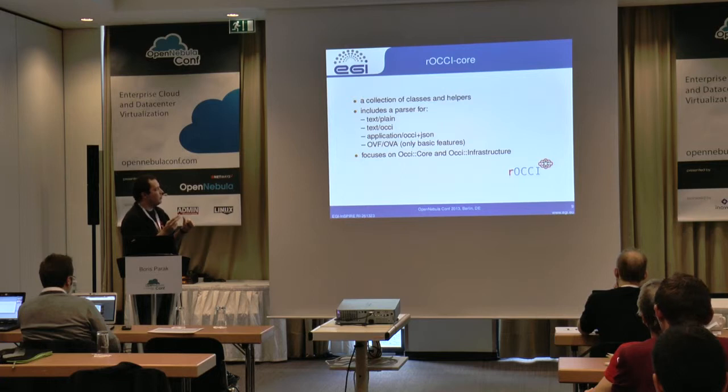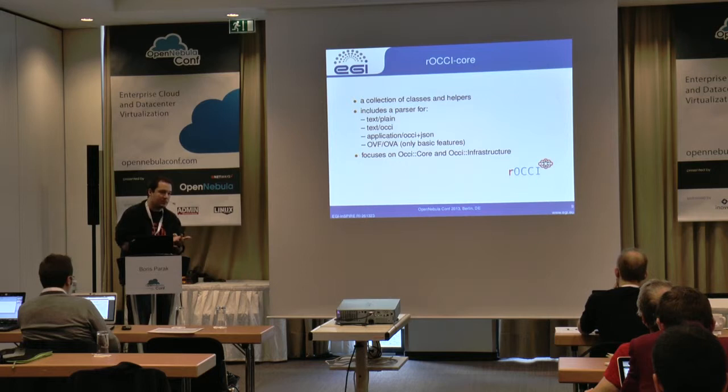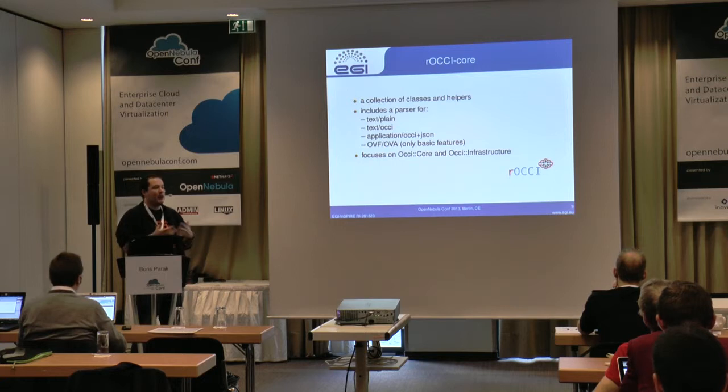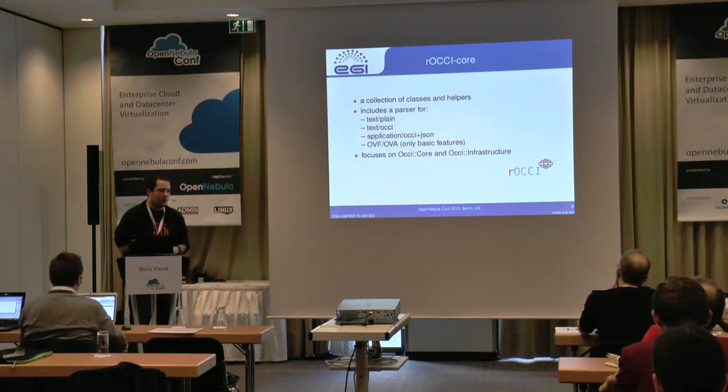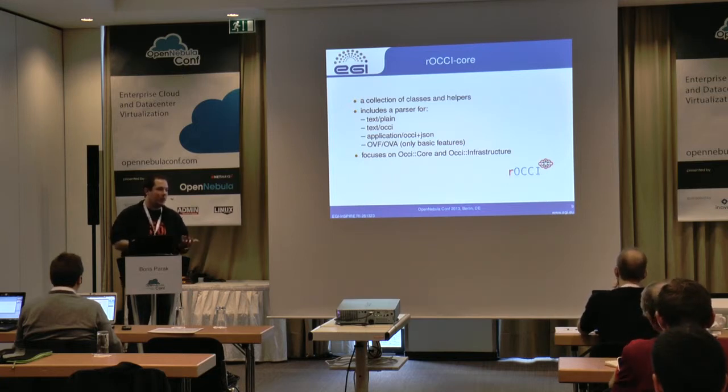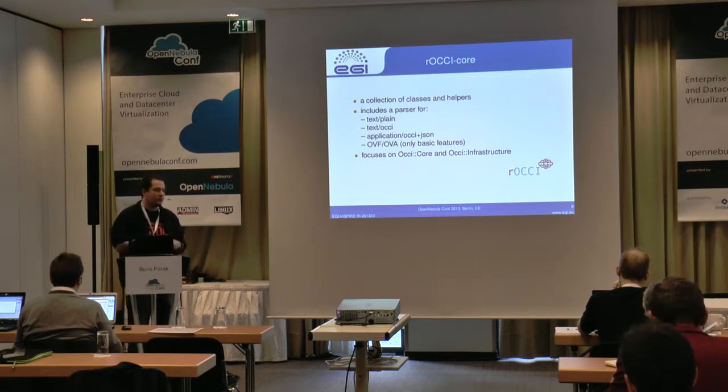It will help you handle and parse OCCI messages, generate OCCI messages, and convert messages into a class-based implementation. For instance, we've seen that there is something called OCCI infrastructure compute, and we have a class that will house all information about OCCI infrastructure compute. And you can call methods, you can set attributes on these classes, basically a set of classes and helpers.